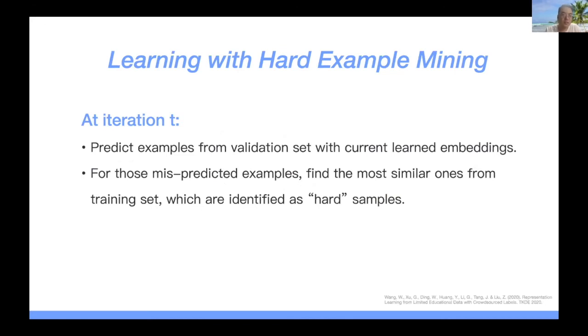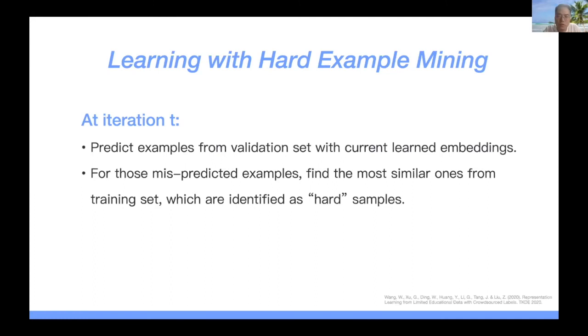The hard example mining strategy is an iterative algorithm. At iteration T, we first make predictions on the validation sets using the currently learned embeddings. Since we know all the labels for the validation sets, we can find the mispredicted examples; let's call them validation hard examples.